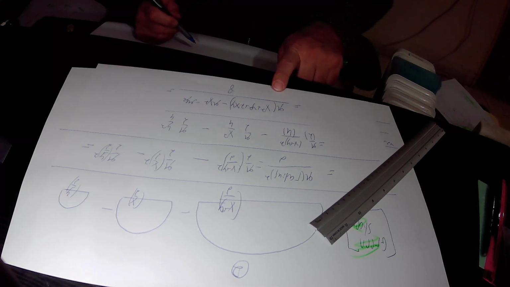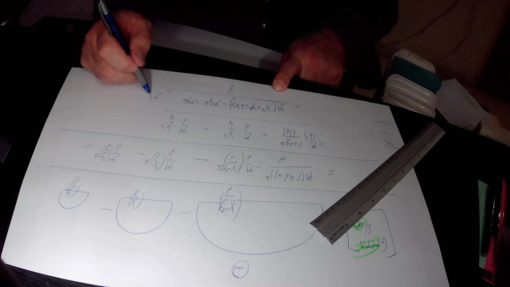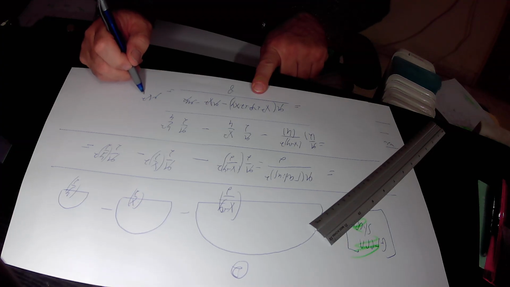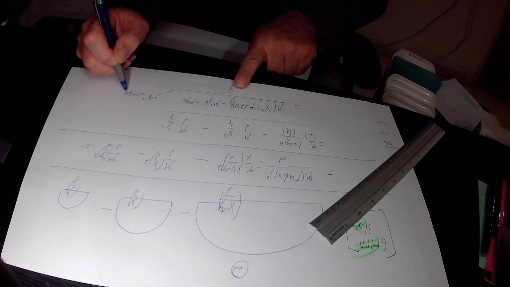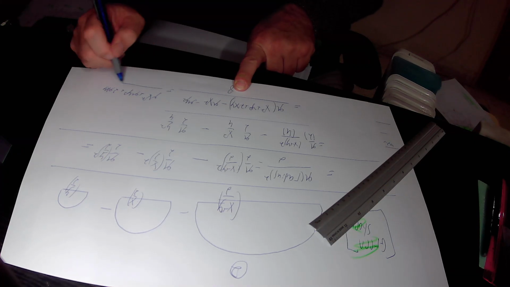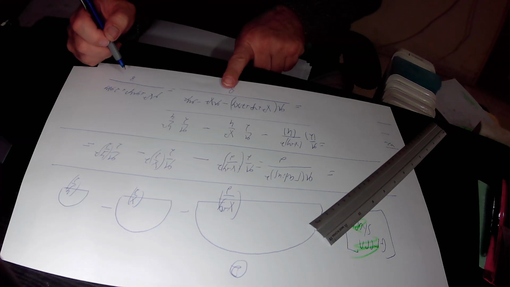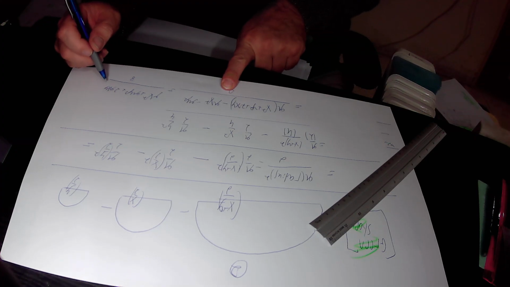Here we'll open the brackets of this expression. So it is pi x squared plus pi y squared plus 2 pi xy, divided by 8. Here we have also this expression, of course.